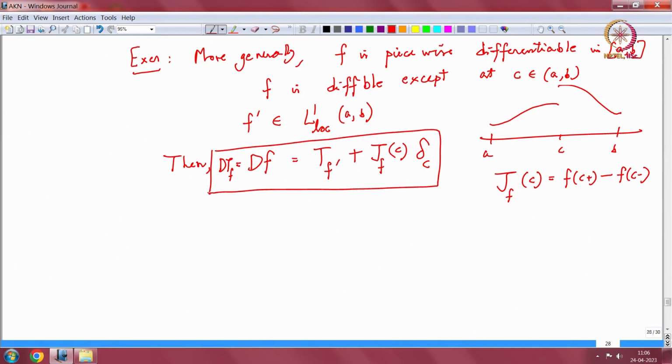In fact, you can generalize this result to more than one point. So, if you have a function in (A, B), write down the problem and solve it. So, the next exercise: generalize and prove. You should also know how to write exercises and prove them.